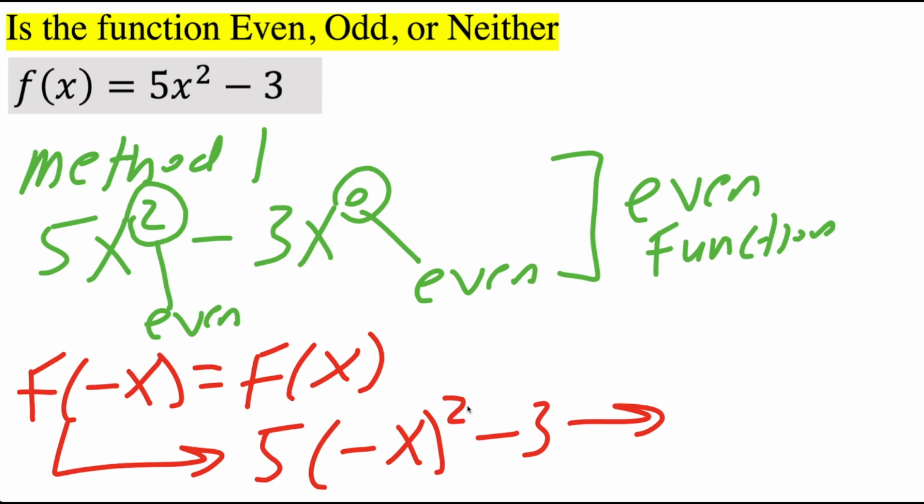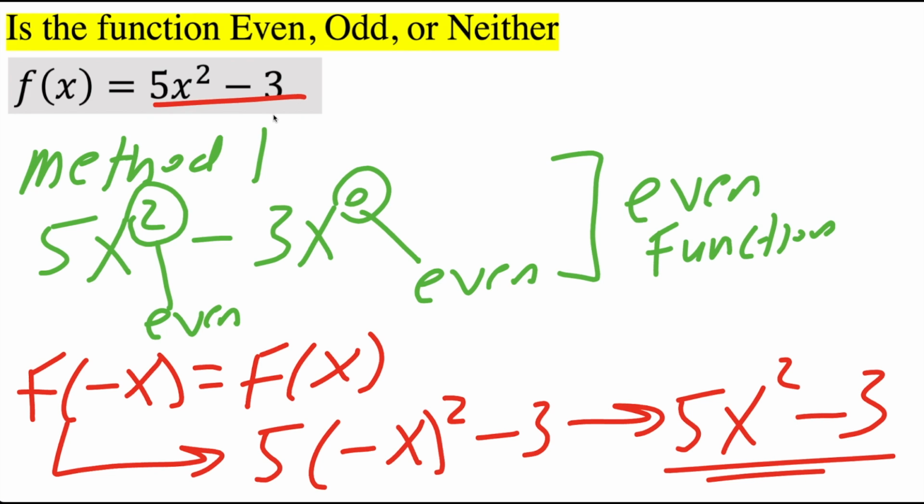Negative x raised to 2 is negative x times negative x, which is positive x squared. So we get 5x squared minus 3, and we see it is in fact identical. Because it's identical, it's an even function. So we just proved that this function is an even function using two methods.